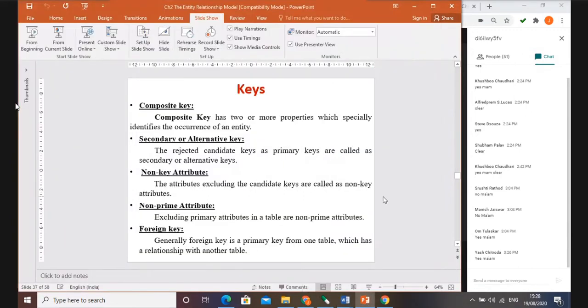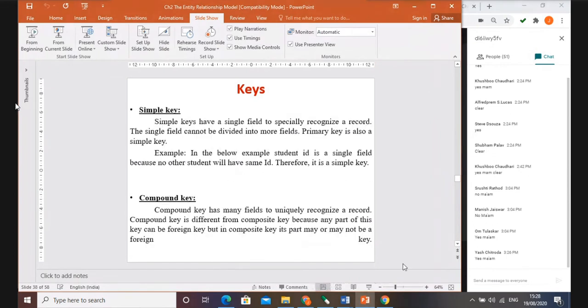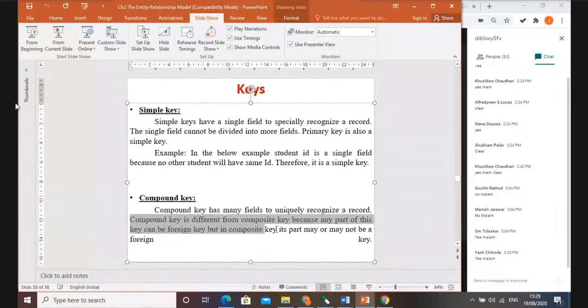With a composite key, you need to consider both the key attributes together in some other relation. That is the only difference between a compound key and a composite key. Any part of a compound key can be a foreign key, but in a composite key its part may or may not be a foreign key. That is the main concept.